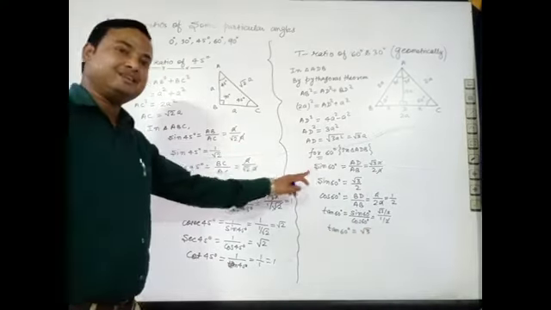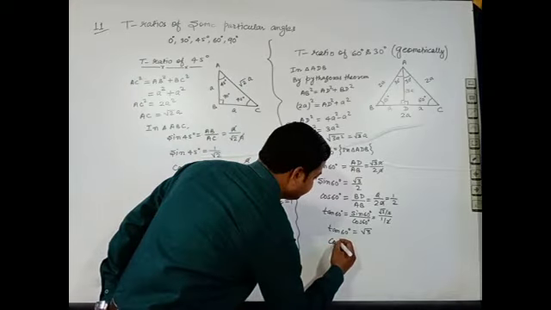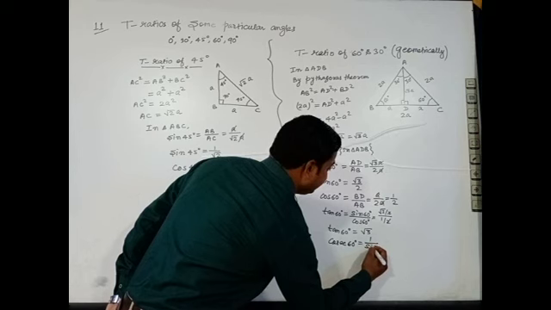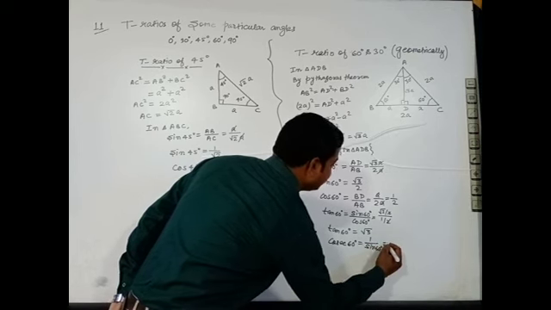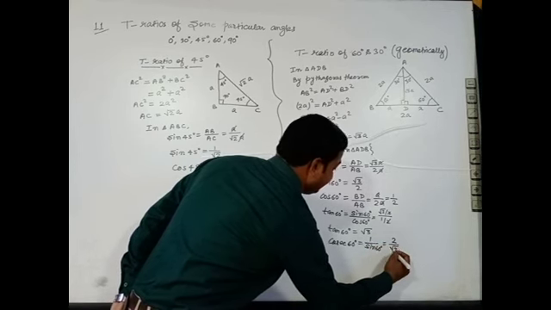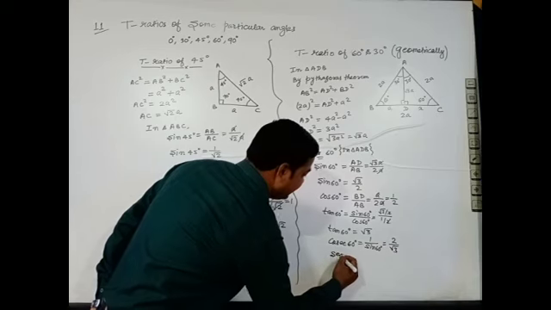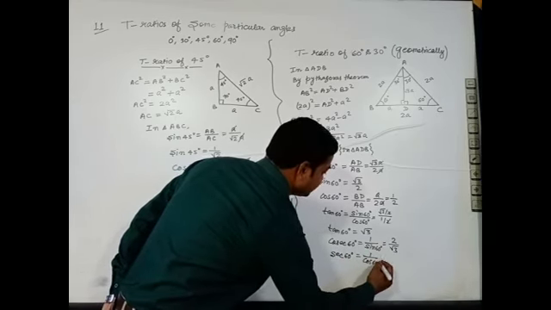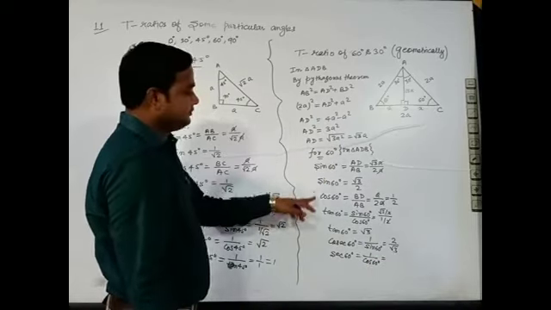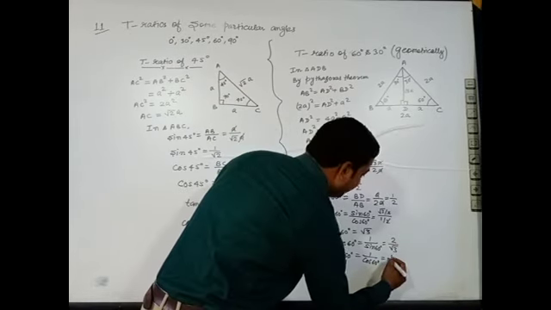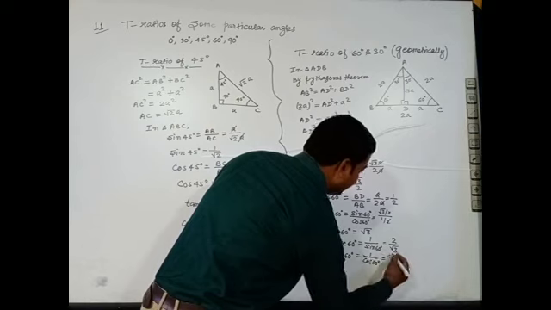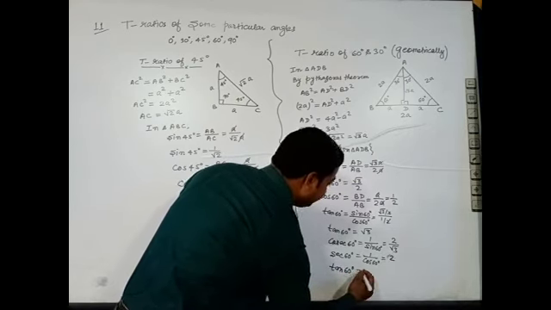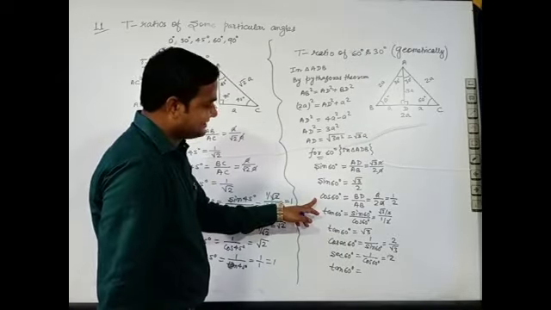Now cosec, the reverse of sine: cosec 60 equals 1 by sin 60 degree, which is 2 by root 3. Sec 60 degree equals 1 by cos 60 degree, the reverse of 1 by 2, which is only 2.